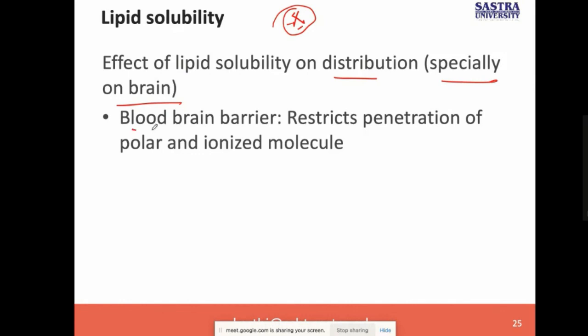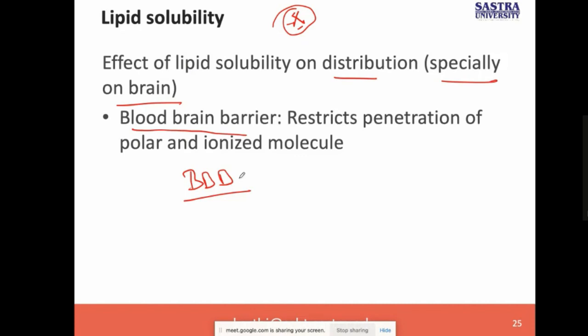The reason is that there is a kind of barrier in the brain called the blood brain barrier, BBB. This blood brain barrier is a very tight junction. The cells adhere in a very tight way.